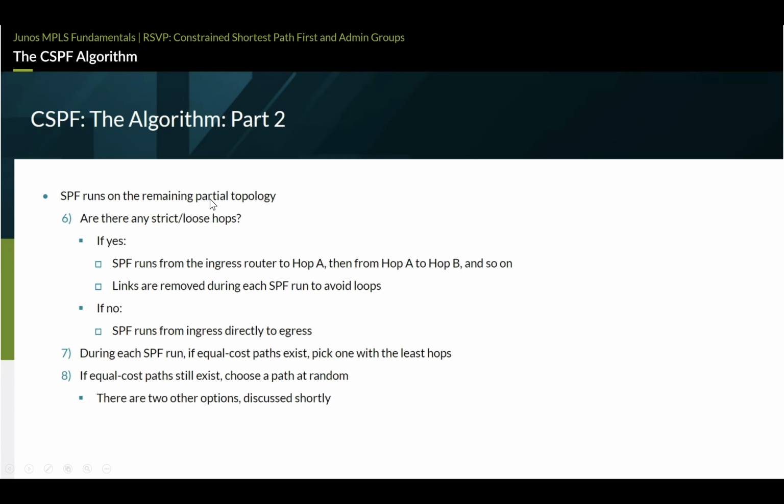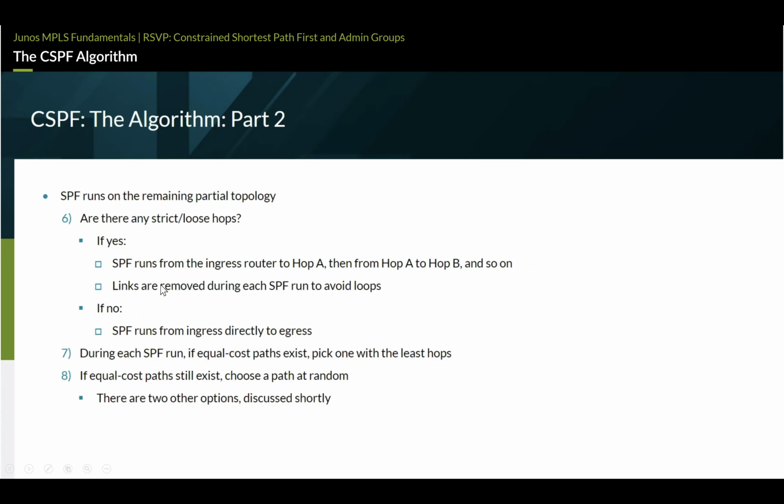Next, consider the remaining partial topology. Are there any strict or loose hops? Okay, when we manipulate a path, we are using strict hops and loose hops. You already know what strict and loose hops are. If yes, SPF runs from the ingress router to hop A, then from hop A to B, and so on.